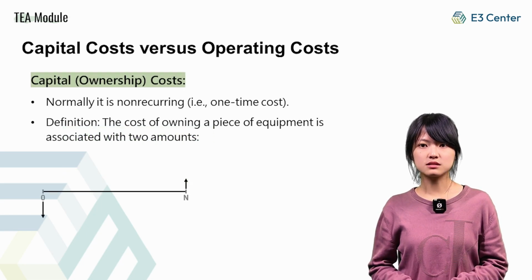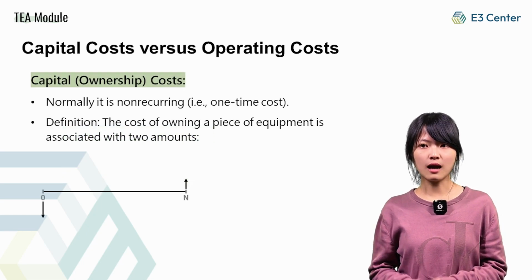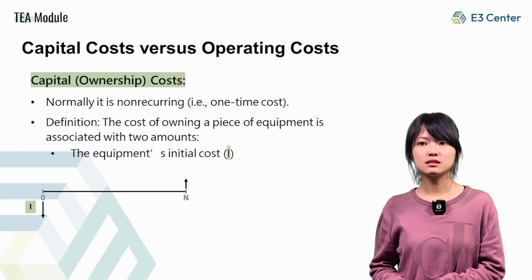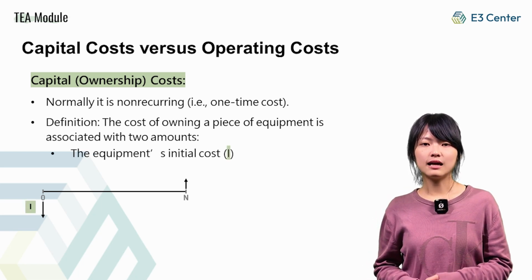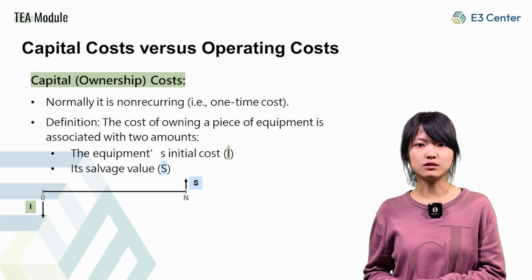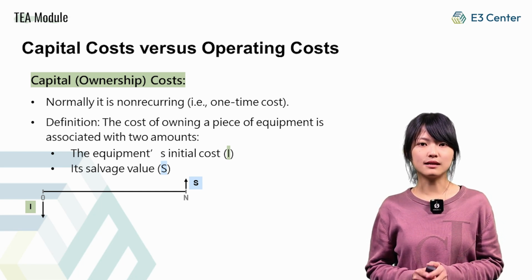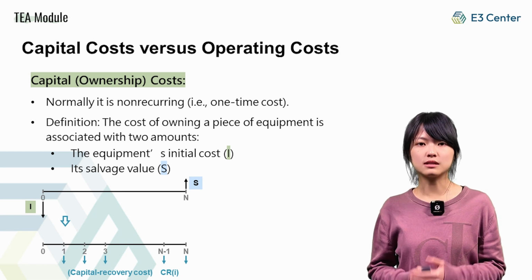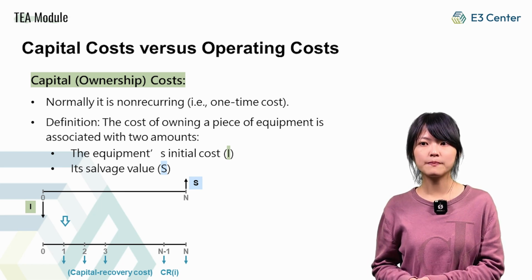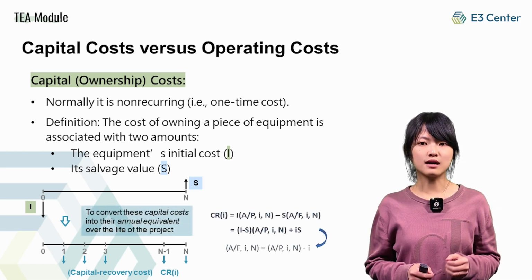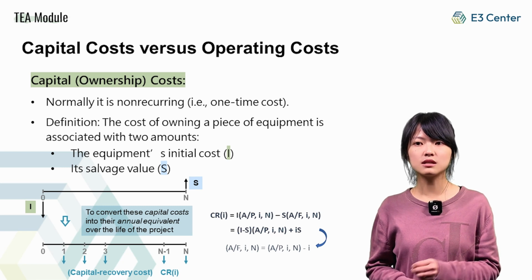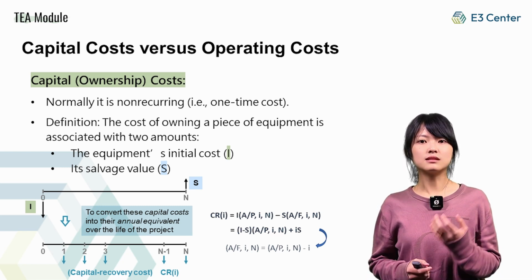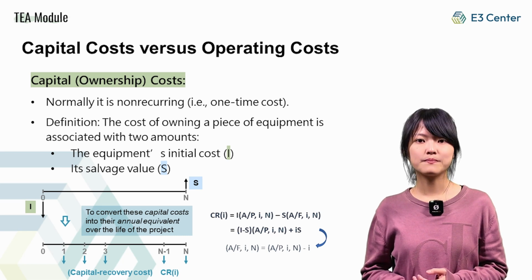First, capital costs are typically one-time expenditures, involving the initial purchase, denoted as I, and the final salvage value of equipment, denoted as S. Here, we introduce a new term called the capital recovery cost, which is derived by converting these capital costs into their annual equivalent over the life of a project.